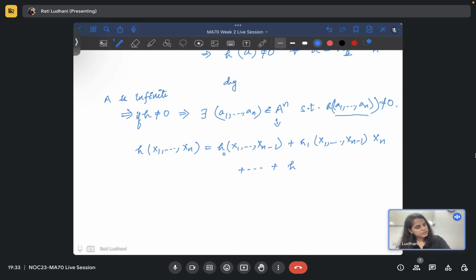Degree of h is m, so hm of x1 to xn minus 1 times xn raised to power m. So I've just represented it in terms of, I'll just collect all the terms which have just xn, and this will be just those polynomials. So I have just written it down in this form.